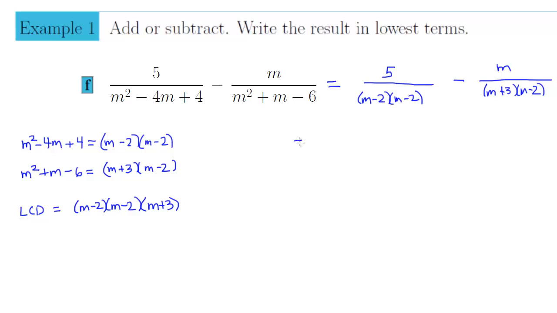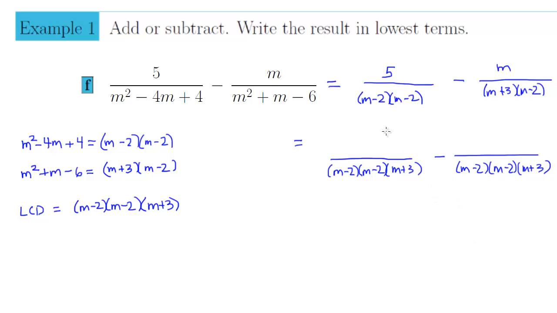And what's this equal to? Well, we need to make it equal to two fractions that are the same, and those fractions both need to have the least common denominator of m minus 2 times m minus 2 times m plus 3.